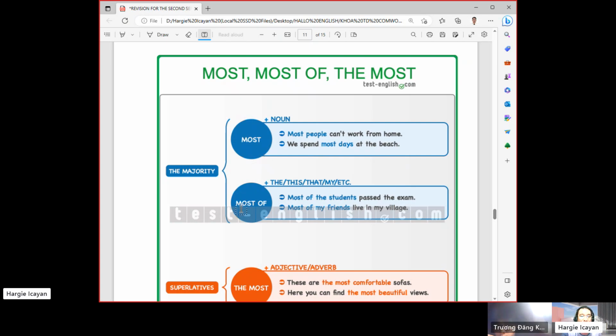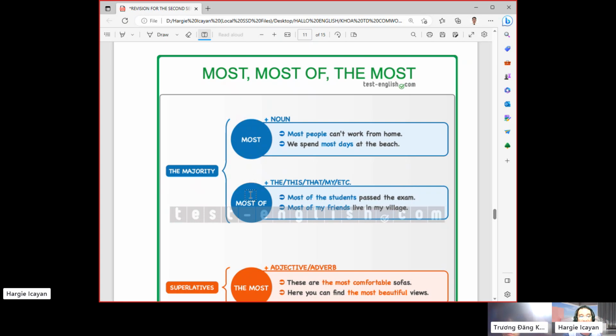So where do we use most? Actually, most and most of are used in talking about the majority. That means when we are talking about the majority, most of them, right? Most of that particular student, so there should be many of them.